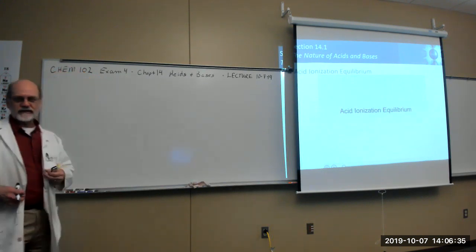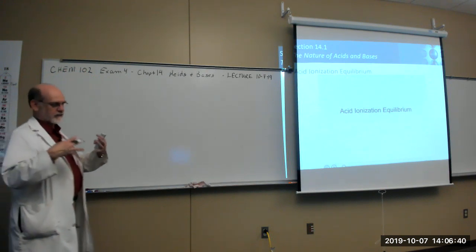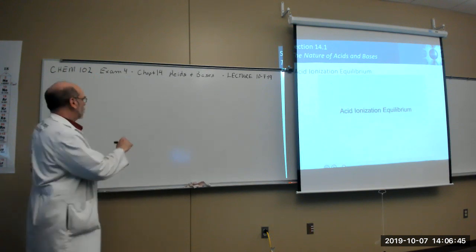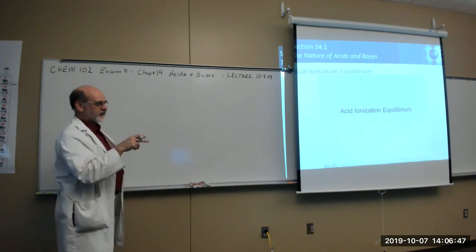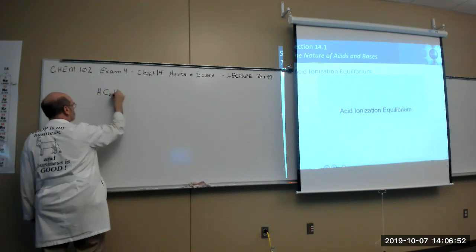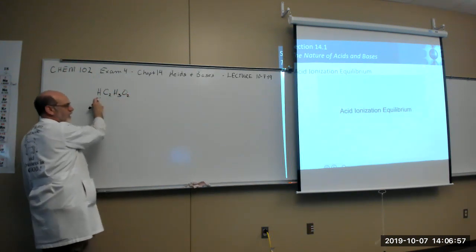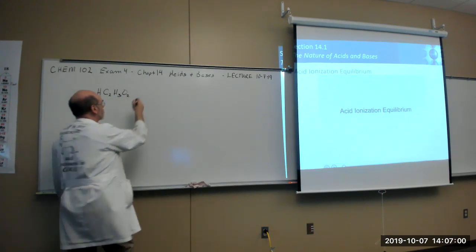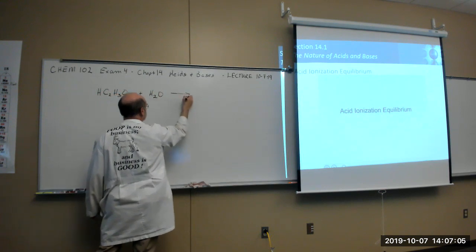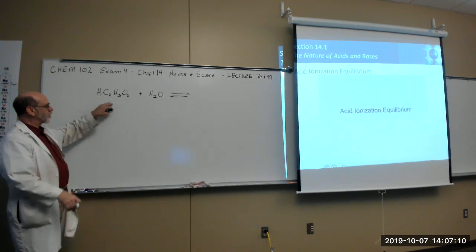Okay, so now we're jumping into equilibrium with acids and bases as our dance partners. They used acetic acid for the example. So here's acetic acid. There's the acetate ion, and then the proton that dissociates from it. So in water, acetic acid reacts with that water molecule, and we set up an equilibrium because this does not react completely.